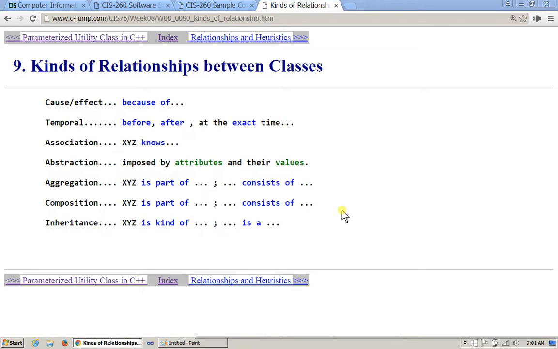And in the process of analysis of that problem description and understanding of the use cases, you essentially will face all kinds of language, and it can say because of, or before or after, or the knowledge of something, right? And that would indicate different types of relationship.